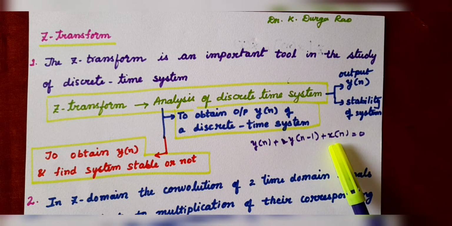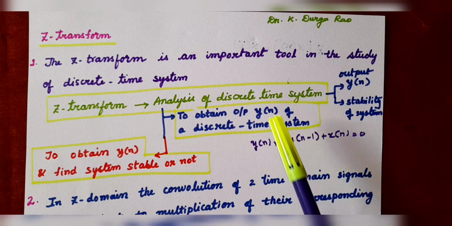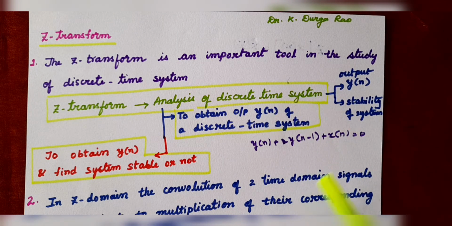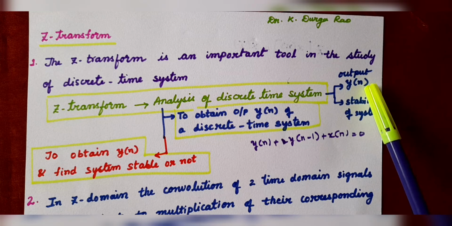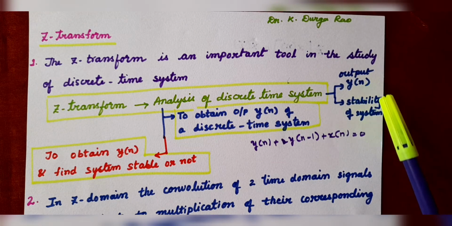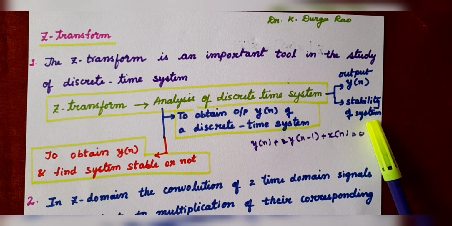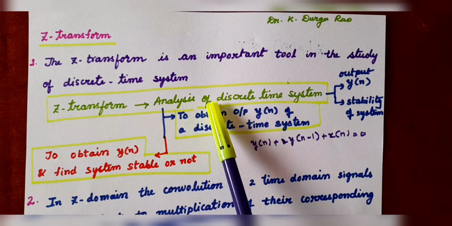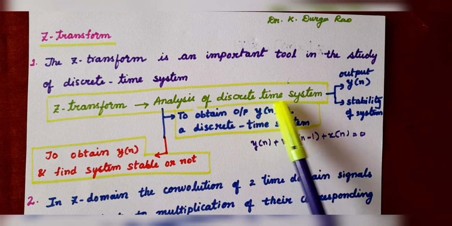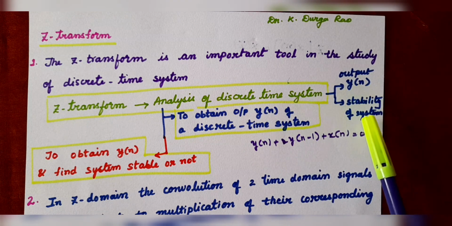It is an example of a difference equation of a discrete time system. Analysis of a discrete time system is to find the output of the system y of n and to find whether the system is stable or not. So, Z transform is used for finding the output and finding whether the system is stable or not.